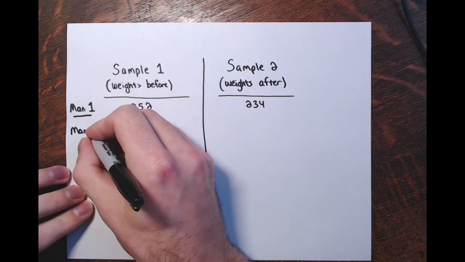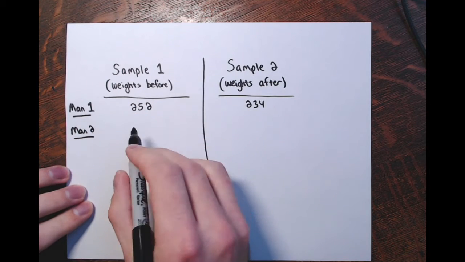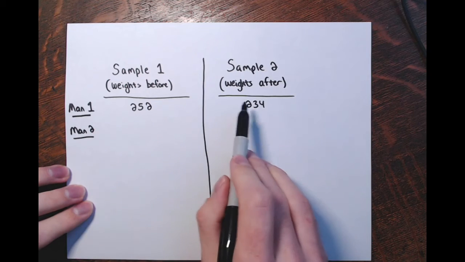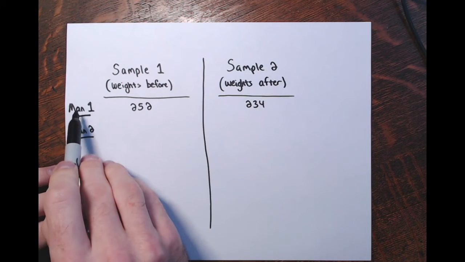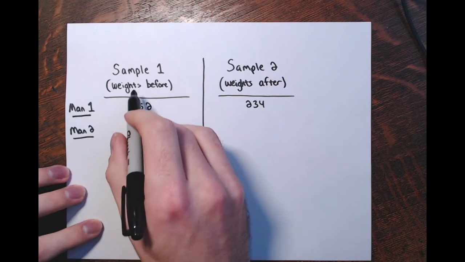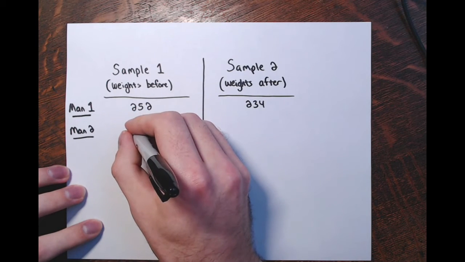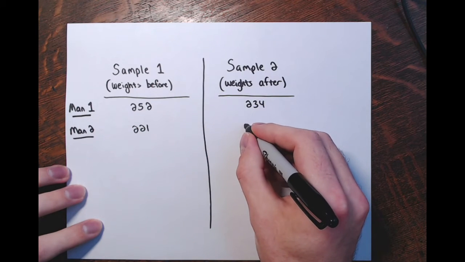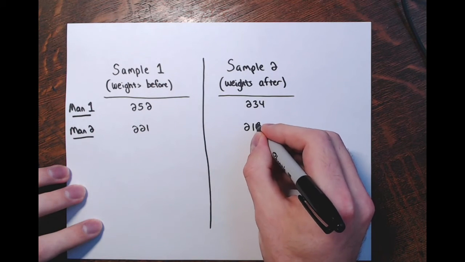And then man number 2, again, that's why this is called paired data, because each pair of data relates to one person or one object. And then man number 2, in sample 1, the weights before, say, weighed 221 pounds, and then after weighed 219 pounds or something.